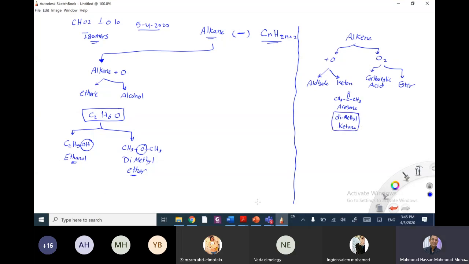The functional group in this case is C double bond O. It may give us C2H5 C double bond O H, which is called propanal. The functional group in this case is the aldehyde group.